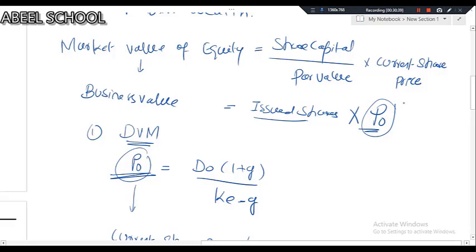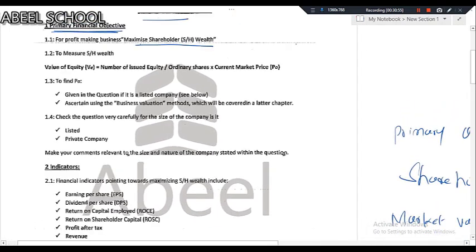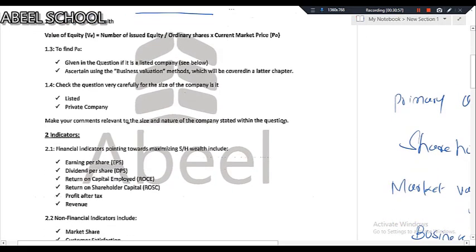Don't you think so? There must be financial and non-financial indicators which should point towards maximization of shareholders' wealth. So let us discuss what those indicators are.